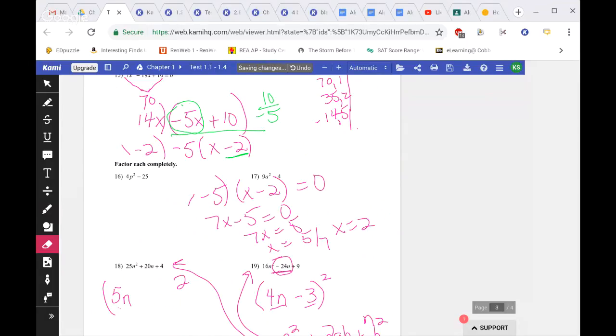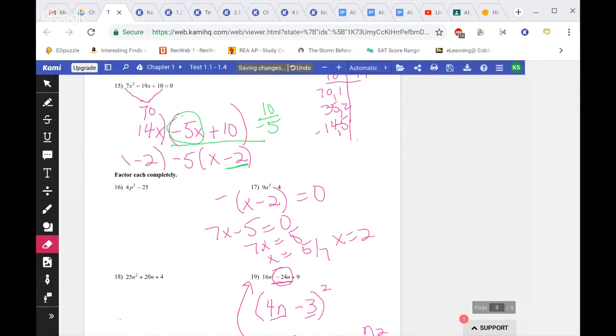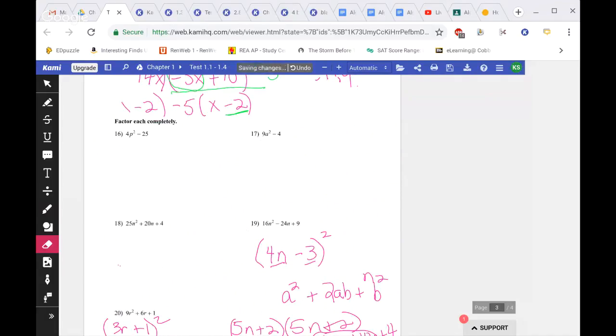The key thing is, how are you feeling when you look at number 16 and 17? Are you feeling really good about being able to identify the difference of squares? Because that is a concept that, in my personal opinion, if you can recognize that pattern, will help you so much when we get to things like rationalizing the denominator with complex numbers and radicals, because you have to multiply the denominator by its conjugate, and all of that is based on the difference of squares.